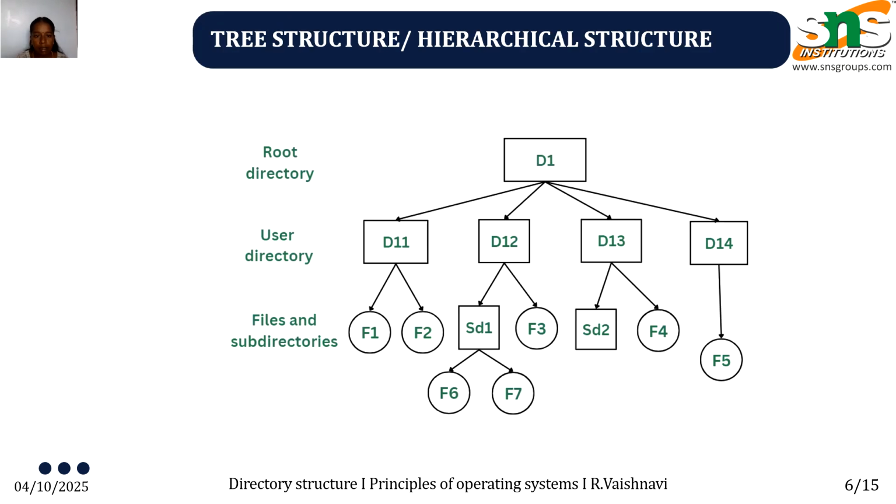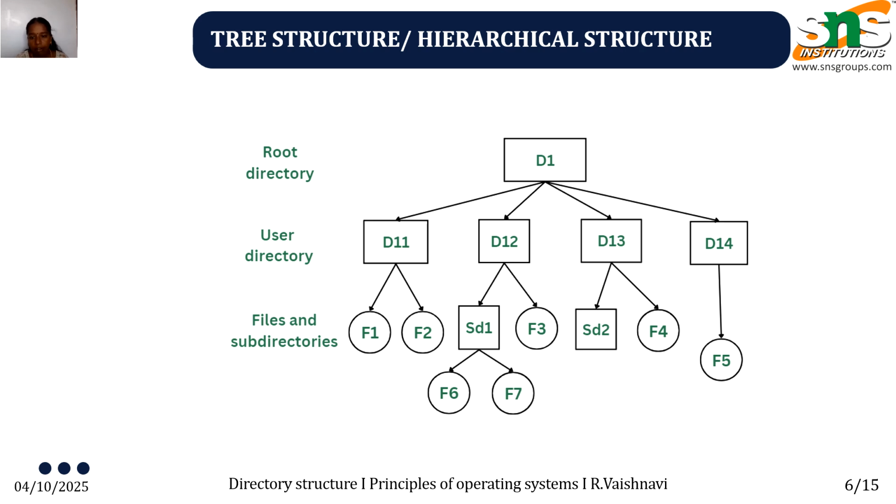Third directory structure will be the tree structure or the hierarchical structure. Here we have one main directory as a root directory. Below the root directory, we have the user directories. Below the user directories, we have the files and the subdirectories. Here we have D1 as a root directory. Below the root directory, we have the user directories D11, D12, D13, and D14. Below D11, the user directory, we have the files F1 and F2.